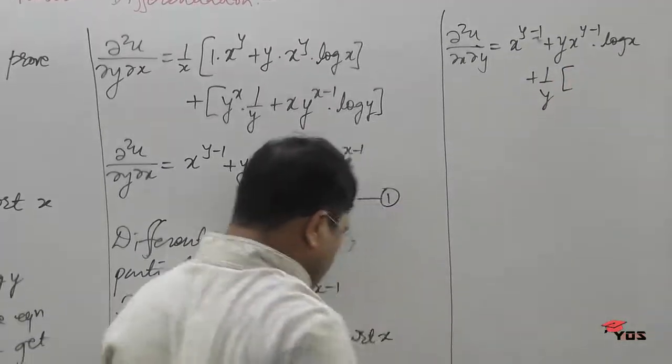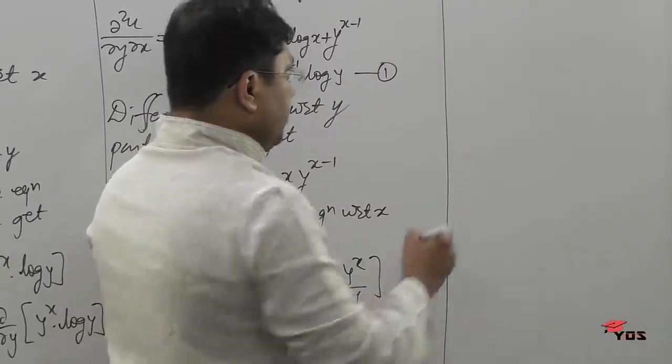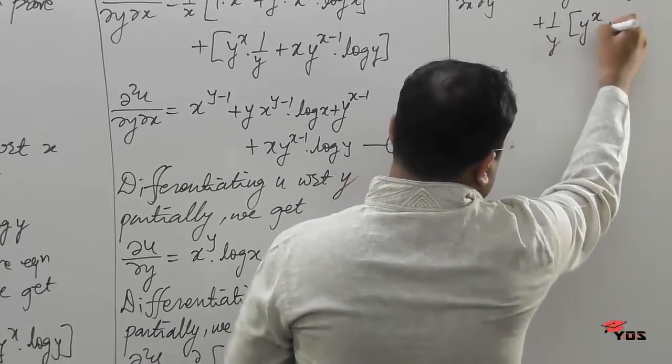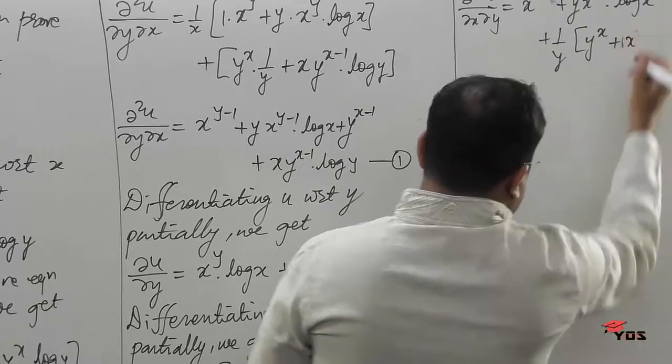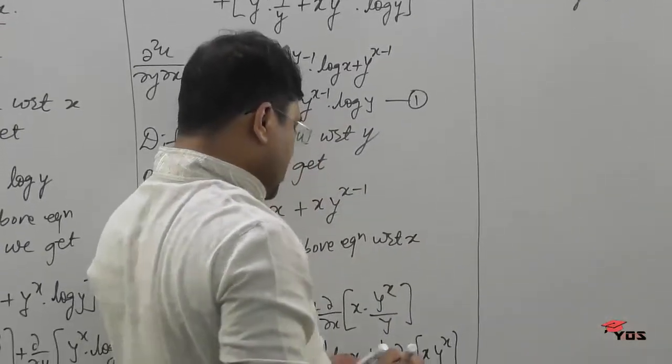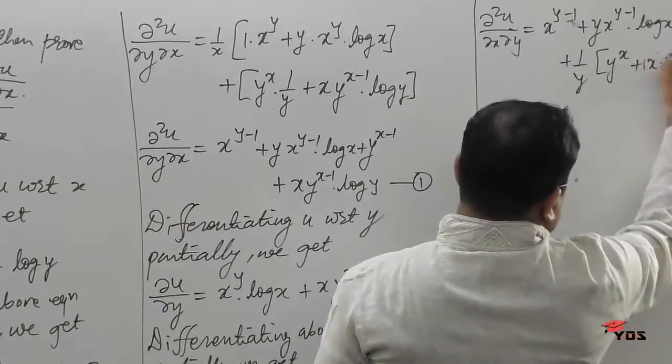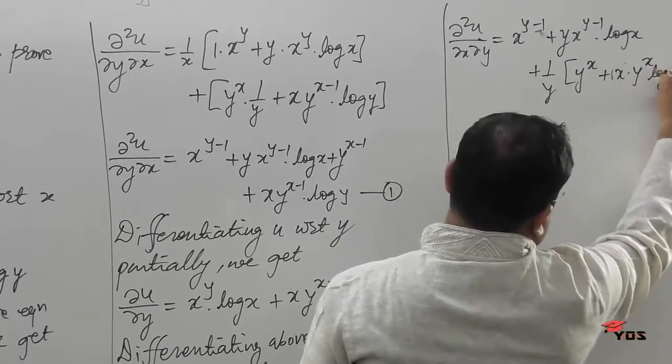So we have the derivative of x is going to be 1 and hence we get y raised to x, plus this x remains as it is and the derivative of y raised to x with respect to x is going to be y raised to x into log y.